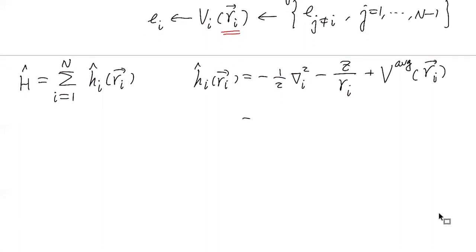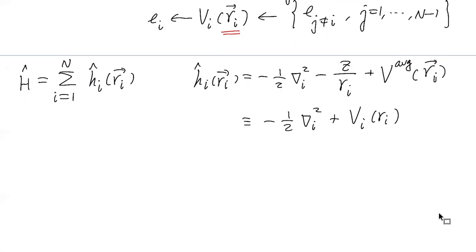So we can combine the next two terms, because these two terms are just the potential energy, right? So we can just combine these two terms together to give you the kinetic energy of the ith electron plus the potential energy felt by the ith electron.